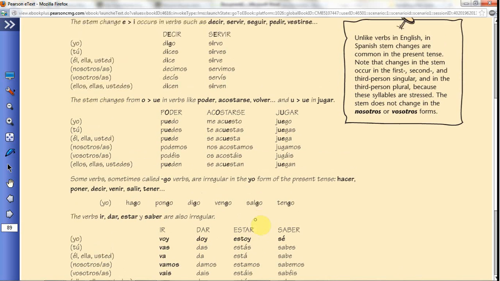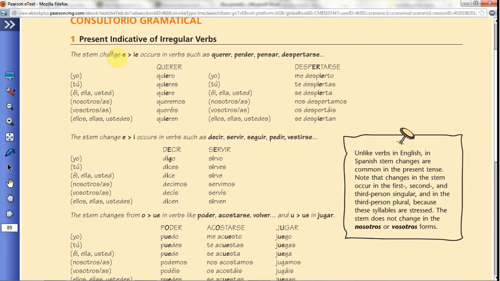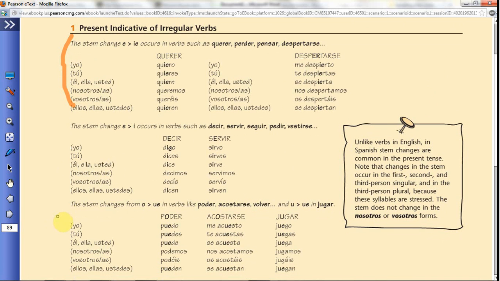Okay. Now coming up to these verbs here. Okay, let's look at these stem changes. These and these. We will have one of the vowels become two vowels. So this one vowel becomes two.